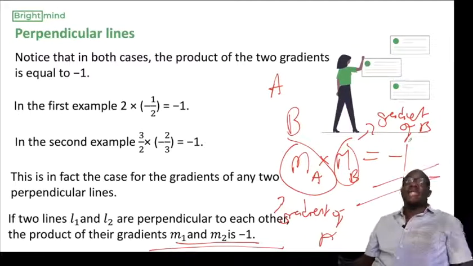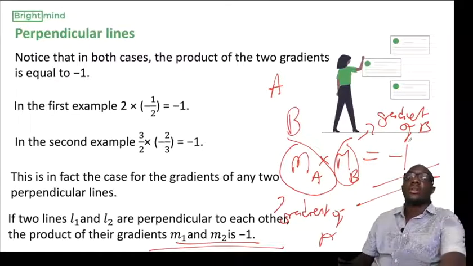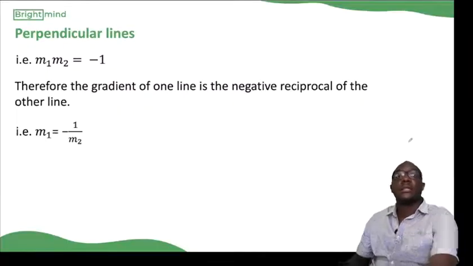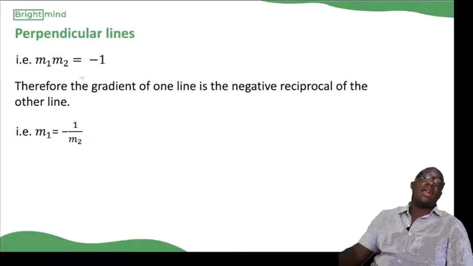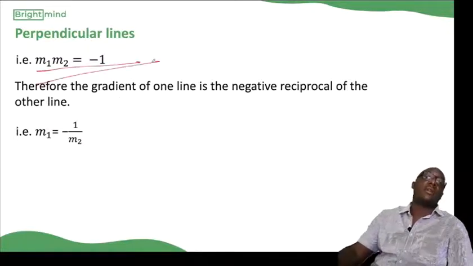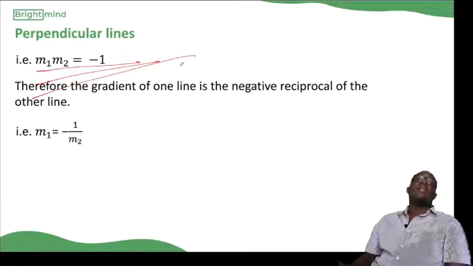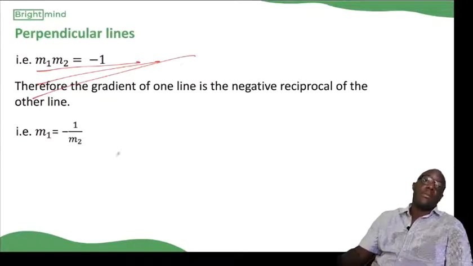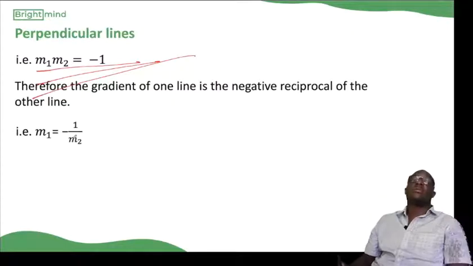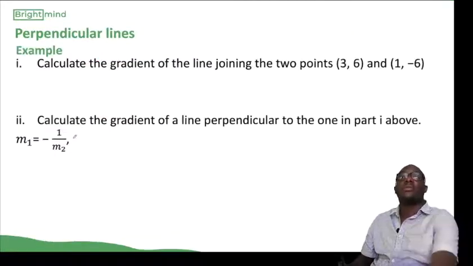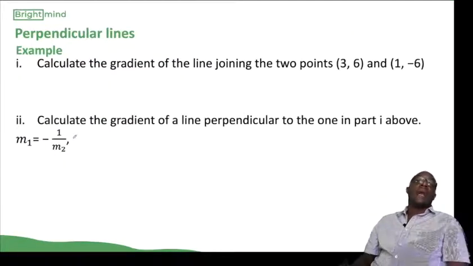That's what that means. So M1 times M2, if you have two lines, must equal -1. If they do, then the lines are perpendicular, or if you make M1 the subject of the equation, M1 is equal to -1/M2.